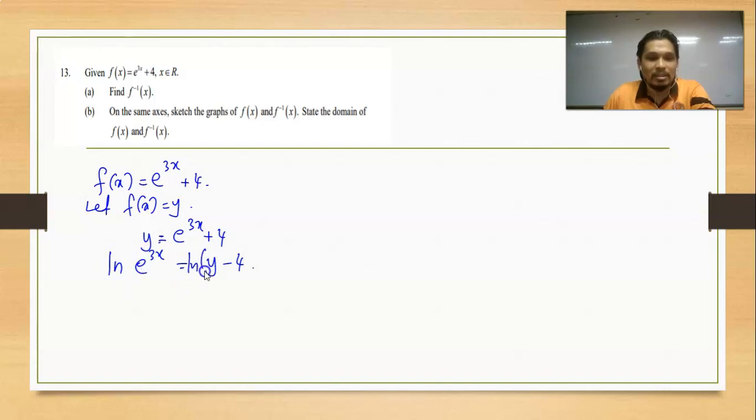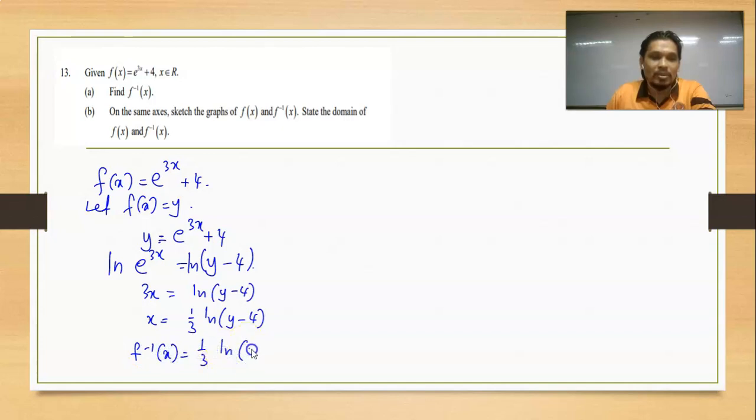So we also take the natural log here. So 3x equals natural log of y minus 4, and x equals 1 over 3 natural log of y minus 4. So f inverse equals 1 over 3 natural log of x minus 4.